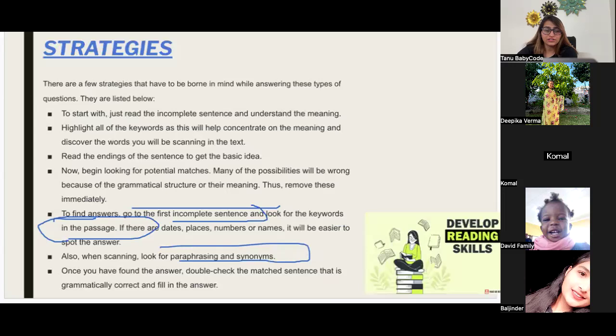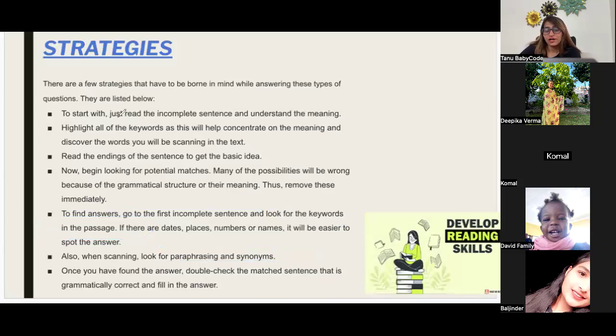Now, what are the strategies for this type of question? There are a few strategies, but see the first one. Start by reading the incomplete sentences and understand the meaning. Highlight the keywords, as this will help you concentrate on the meaning and discover words that you are going to scan in the text.